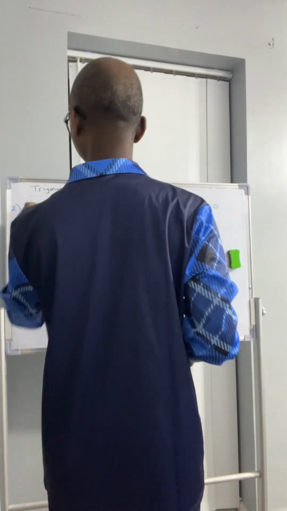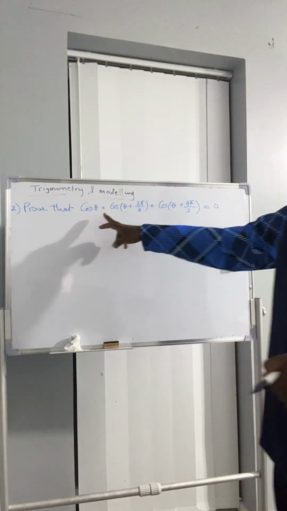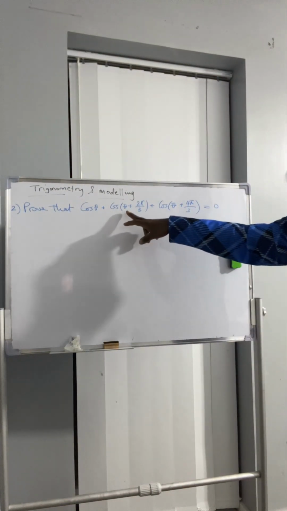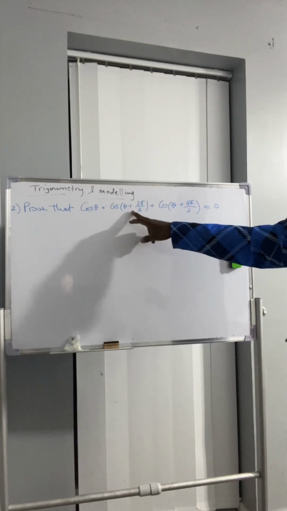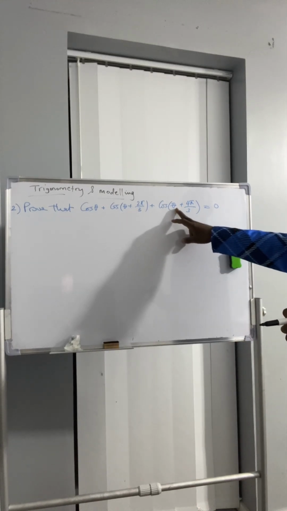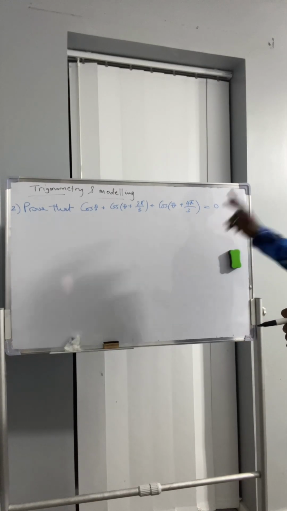This is another proof we are given. Prove that cosine of theta plus cos of theta plus 2 pi over 3 minus cosine of theta plus 4 pi over 3 equals 0.